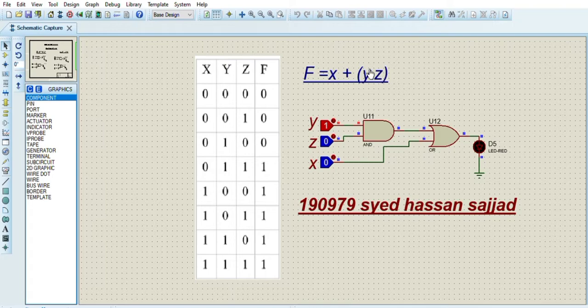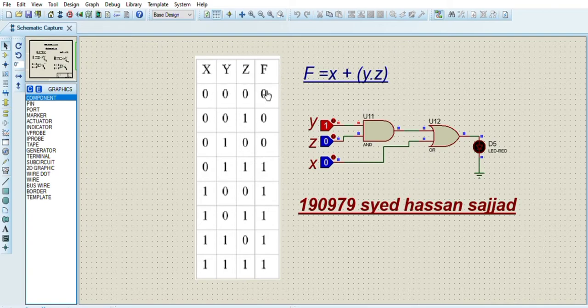So x and z are in multiplication, so the multiplication is the AND gate, and the addition is generally done by the OR gate. So y and z will be in this terminal, and the third terminal is x, which is connected to the OR gate.